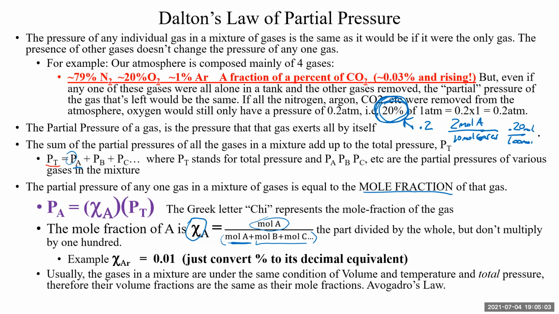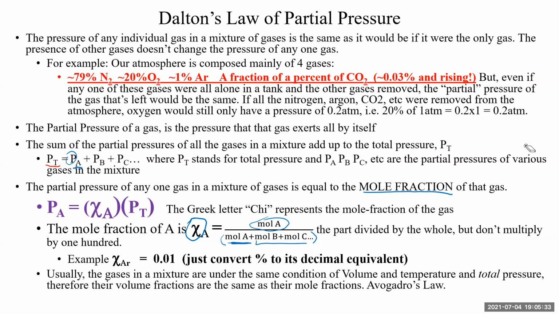Same thing, any fraction that gets you the exact same, wait, I don't think I did that right. 20 out of 100 is 0.2. 2 out of 10 or 20 out of 100, 200 out of 1,000, 0.2 out of 1, it doesn't matter. The point is any fraction that gets you to the same value, the same molar fraction, is perfectly valid and perfectly fine to use. So we're often just going to use percentages rather than raw mole fractions. But then you'll have to convert to the mole fraction by dividing by 100.